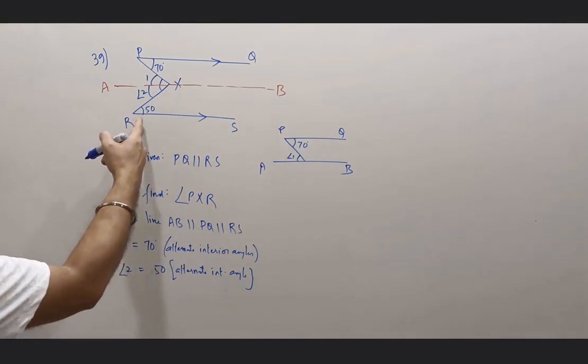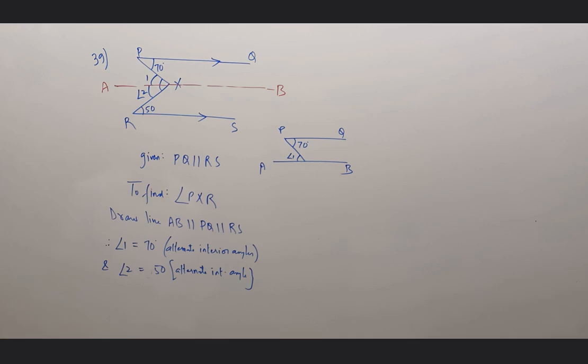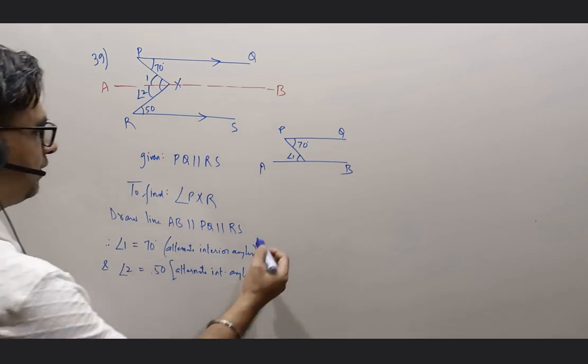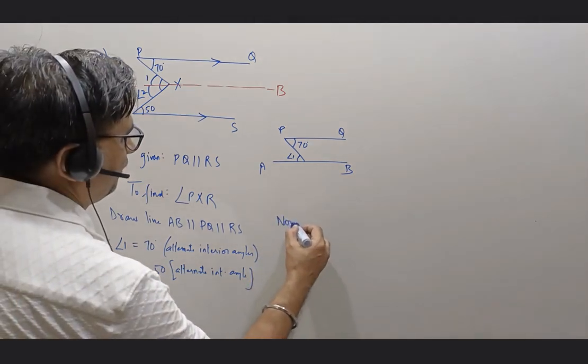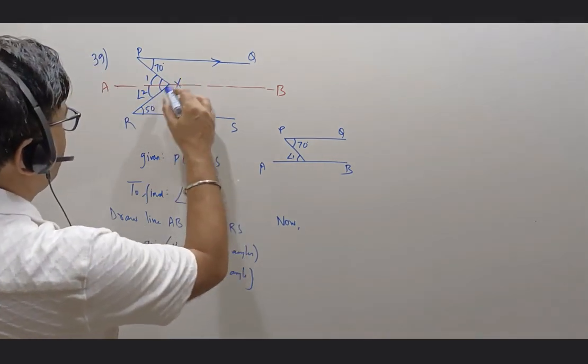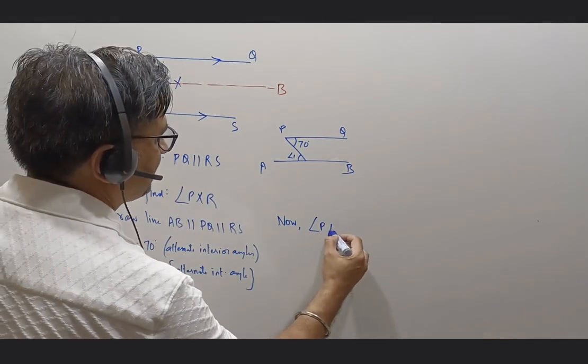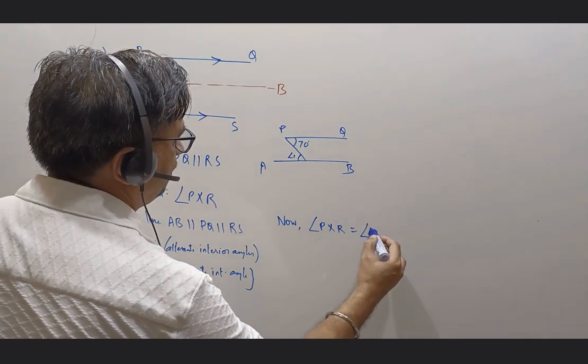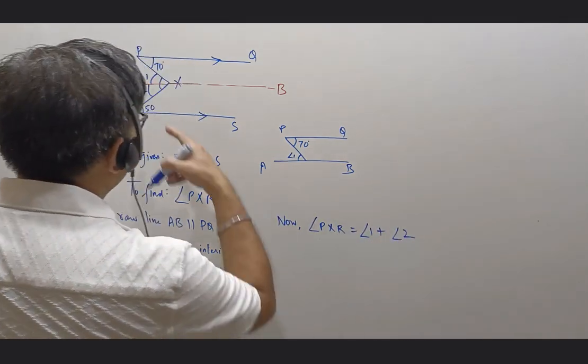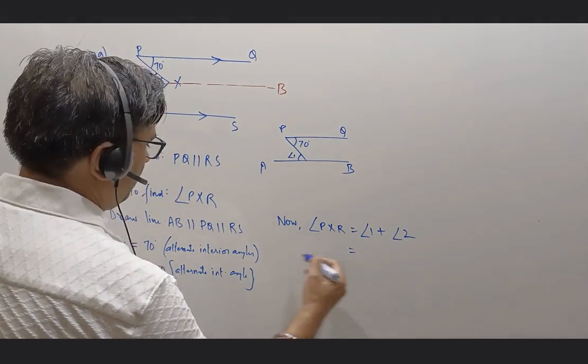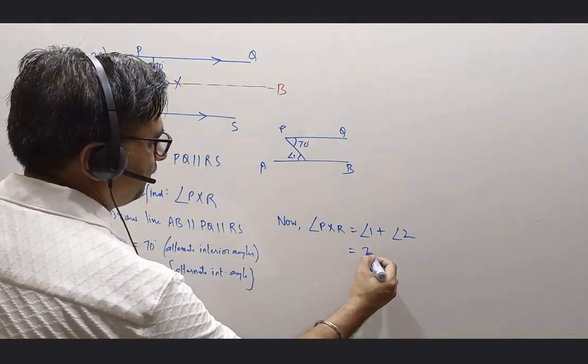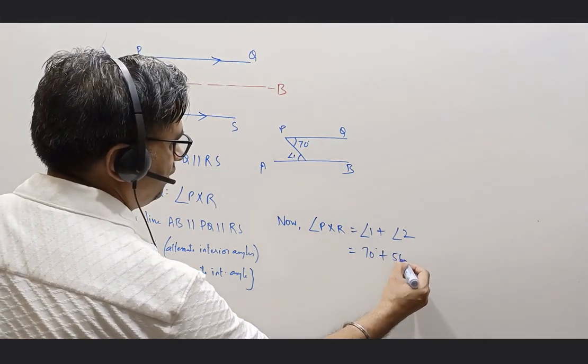Now, what is angle PXR? Angle PXR is equal to angle 1 plus angle 2, is it not? 1 plus 2. And we found 1 to be 70 and 2 to be 50, and therefore 120 degrees is the measure of angle PXR.